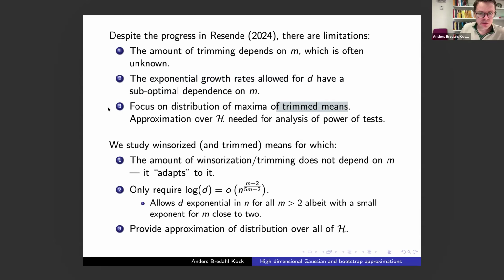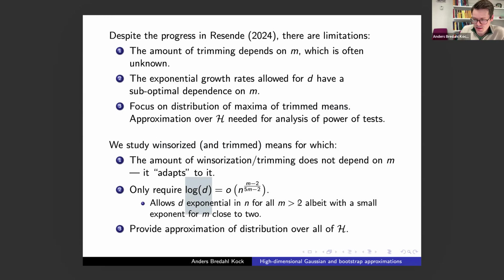So to address these 3 shortcomings, we study here Gaussian approximations to Winsorized and trimmed means in this paper, for which 1, the amount of Winsorization or trimming does not depend on m, instead it adapts to it in a data-driven manner, so that is addressing this first shortcoming up here. 2, we allow the dimension to increase at an exponential rate in n, even when one only possesses m strictly greater than 2 moments.